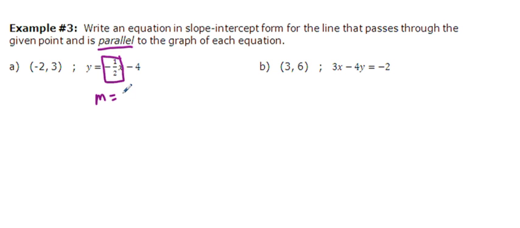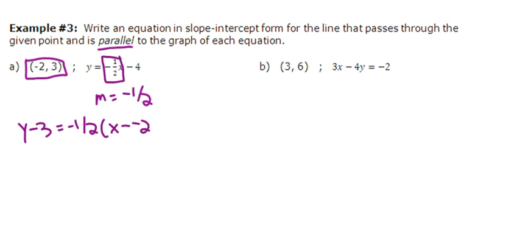So it's negative 1/2. That's all I use this equation for. My line's parallel to this one, so I know they have the same slope. Then I know that my line passes through this point. So I write it in point-slope form. y minus 3 equals negative 1/2 times x minus negative 2.